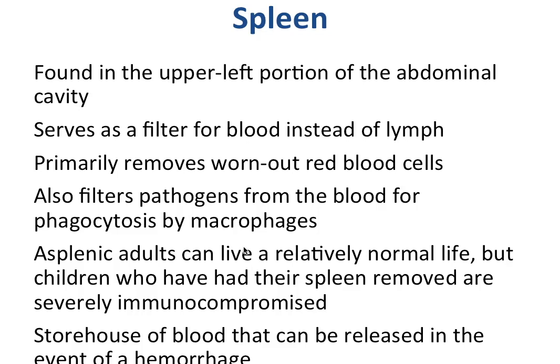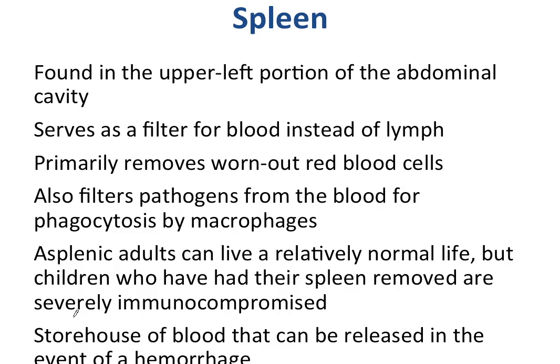If a patient doesn't have the spleen, for example, if the patient has certain diseases and the spleen is removed, they can actually have a normal life. However, they are susceptible to certain infections because they have a tendency of compromised immunity.